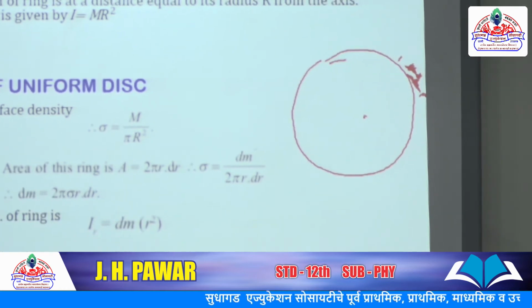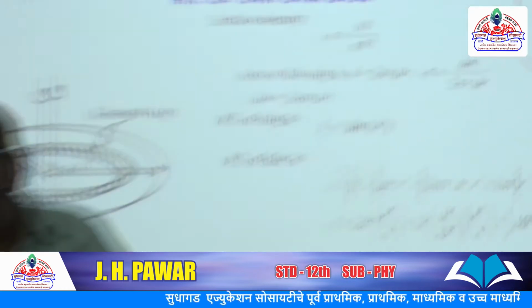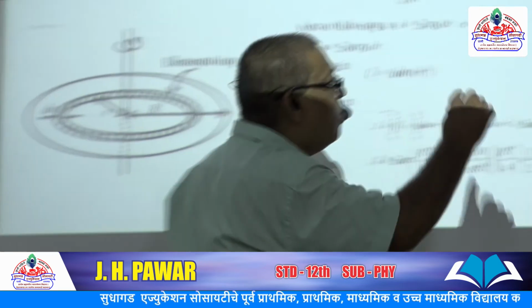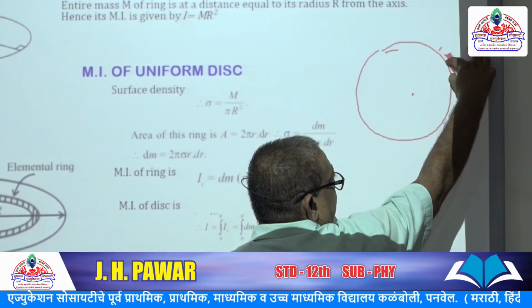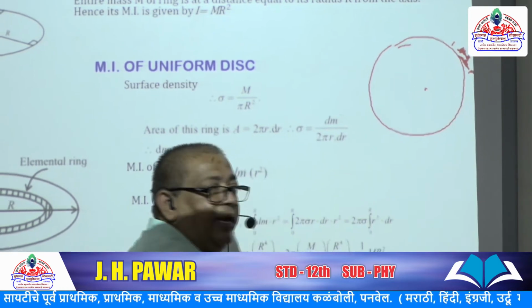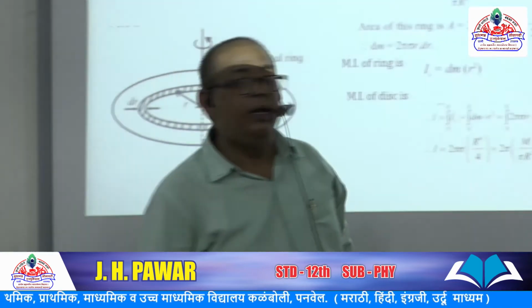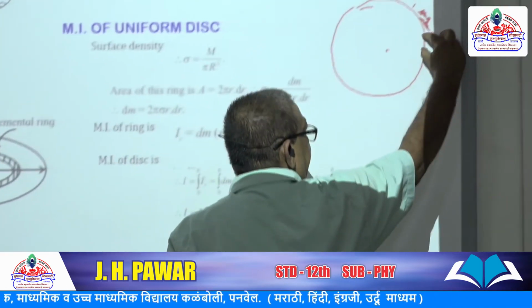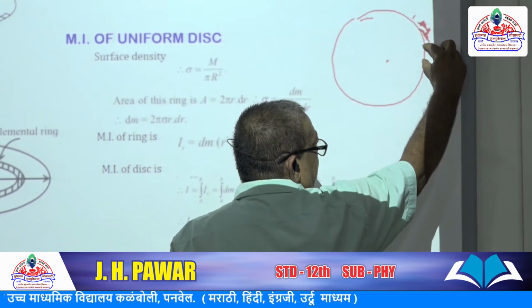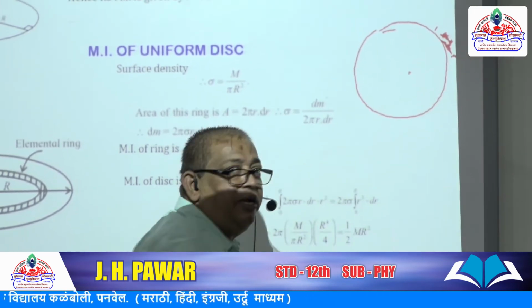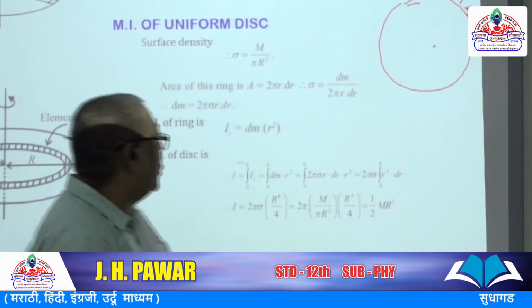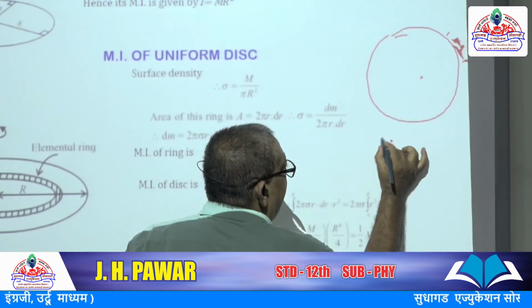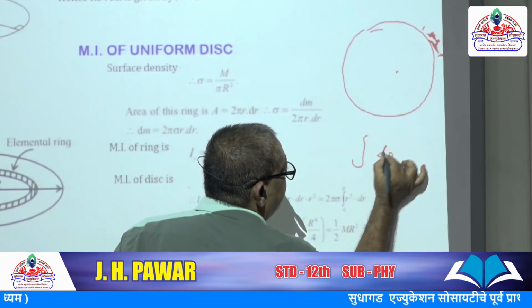Then we take the moment of inertia of this small element. How can we take it? dm into r square. Again we take another small element dm, whose moment of inertia is again dm into r square. And when we take the total moment of inertia, we simply take the integration of dm r square.